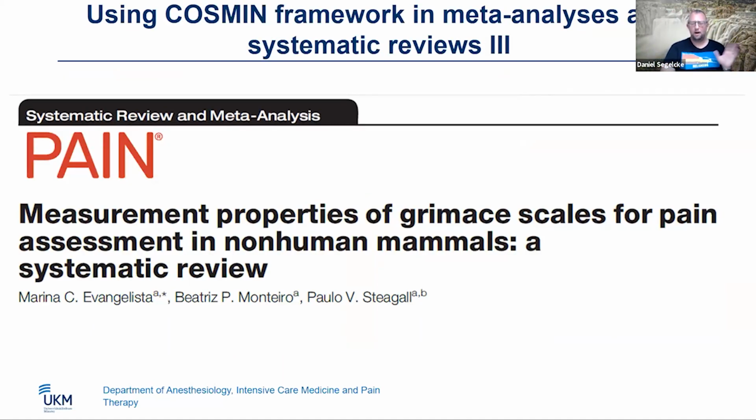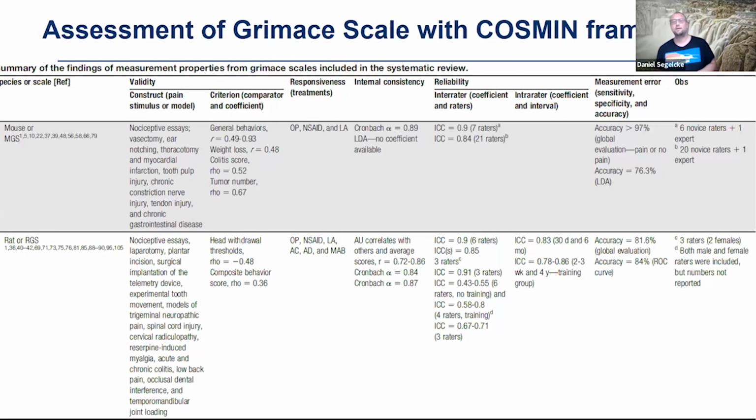And in this review, I think 15 instruments in 19 species. Here is detailed information about the mouse and the rat Grimace scale. And we see here the different psychometric characteristics, validity, responsiveness, very important here, responsiveness. The Grimace scale is responsive to opioids, NSAIDs, or other analgesic drugs. We have a very good reliability with the inter-rater coefficient.